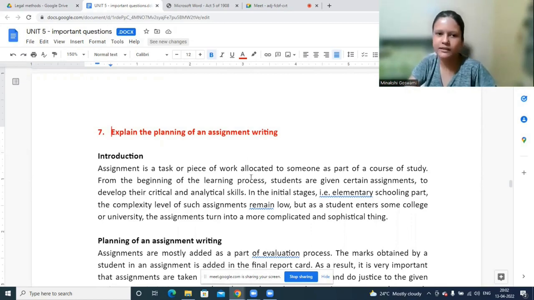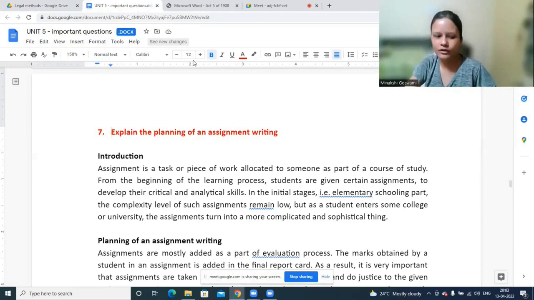So what is an assignment? It's nothing but a task or a piece of work that is allocated. It may be part of a course of study, or part of some other activities, where an assignment or a task is assigned. From the beginning of the learning process, students are given certain assignments to develop critical and analytical skills.